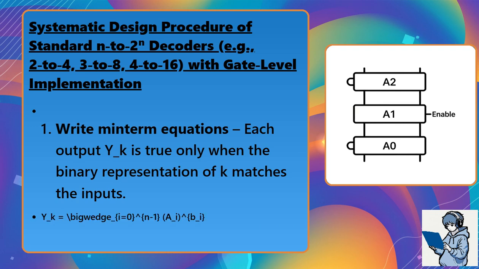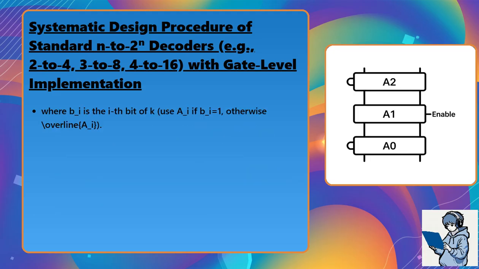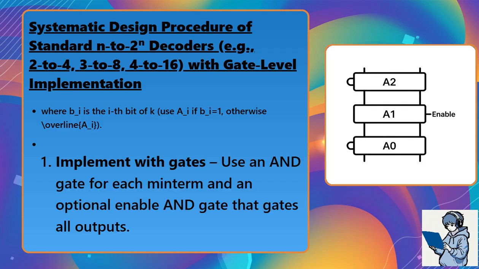Y sub k equals the AND, from i equals 0 to n-1, of A sub i to the power b sub i, where b sub i is the ith bit of k: use A sub i if b sub i equals 1, otherwise not A sub i. Implement with gates: use an AND gate for each minterm and an optional enable AND gate that gates all outputs.